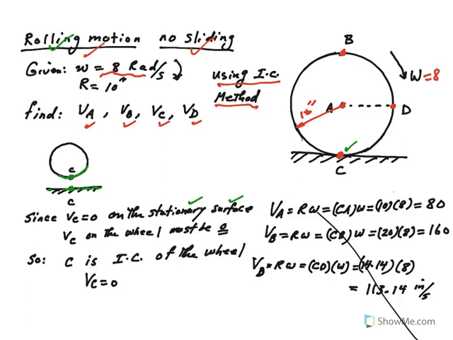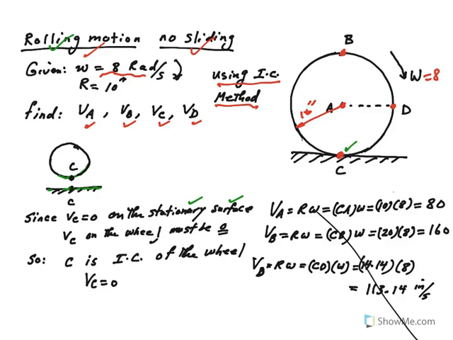When two bodies are in contact, like two gears, at the contact point they should have the same velocity. So in this case, point C in contact with the stationary point on the ground should have the same speed.